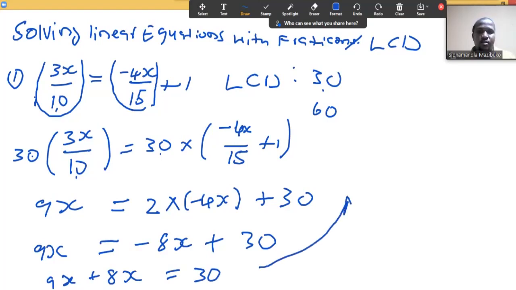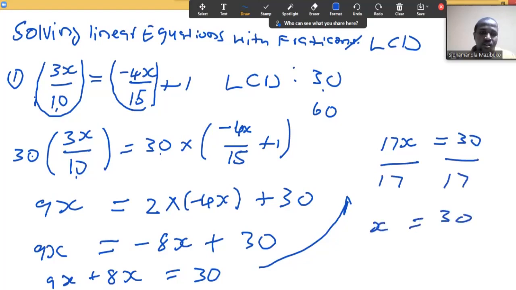This means we have 17x is equal to 30. Then we can divide by 17. Hence we have x equal to 30 divided by 17, because 17 divided by 17 gives us just 1. So that was our first example applying the LCD. Let's look at another one.